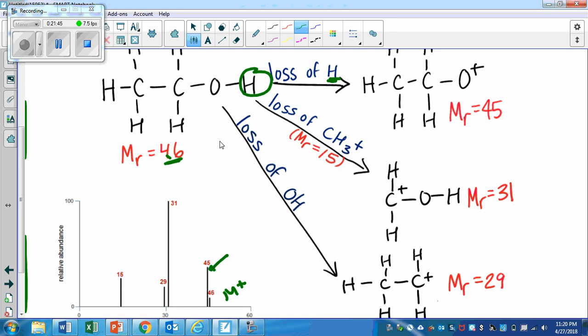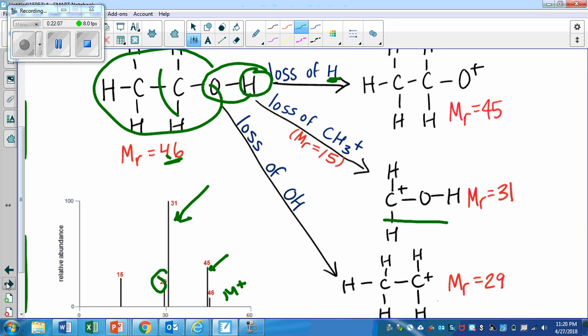The loss of methyl, which is this part right here, leaves this, which is giving you a peak of 31. And the loss of OH, which is 16 plus 1, 17: 45 minus 17 will be 29. That is the mass of the peak of this thing. So this is how it is divided.